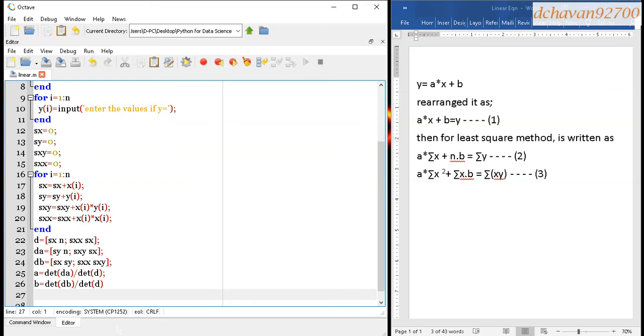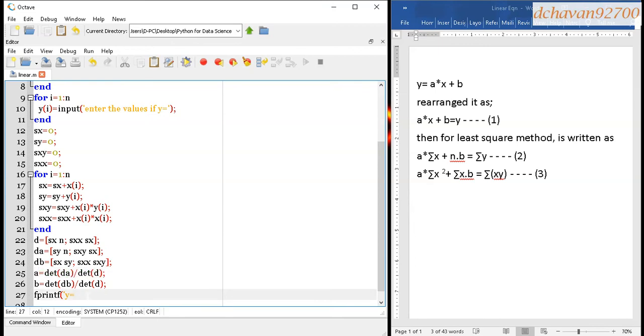Now we're going to use a printf statement. So printf in single inverted comma y is equals to, actually we have to display ax plus b. So a is what? The floating value. So where we have to display the value, at that place we are going to use percentage f.